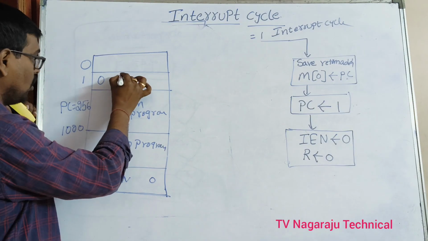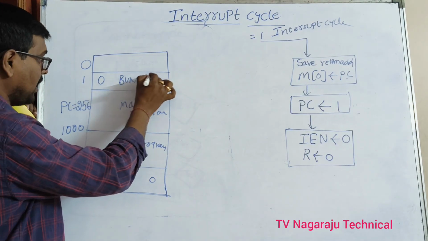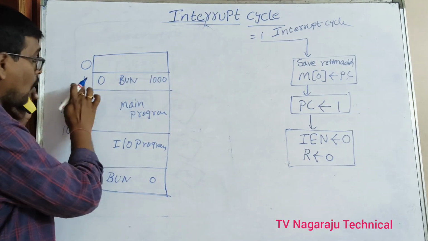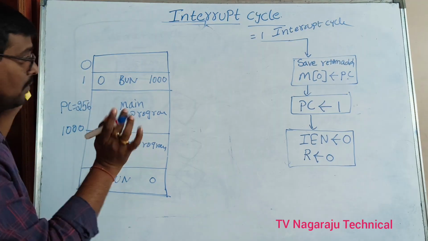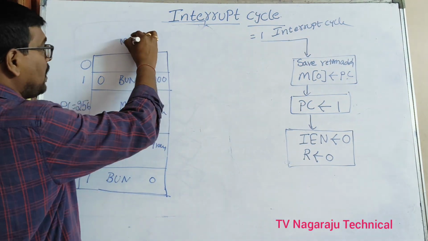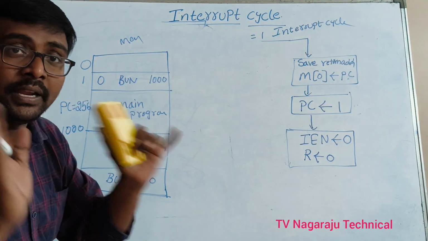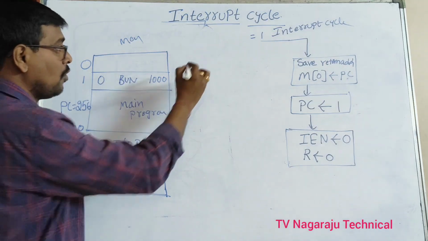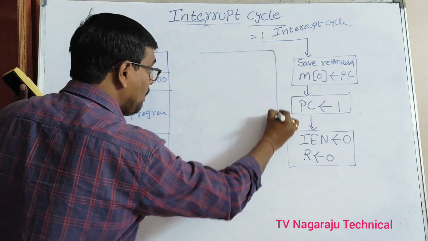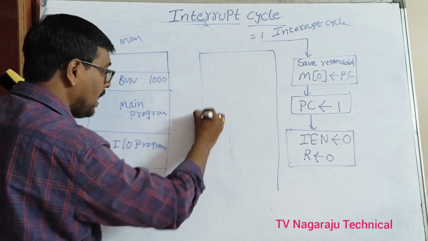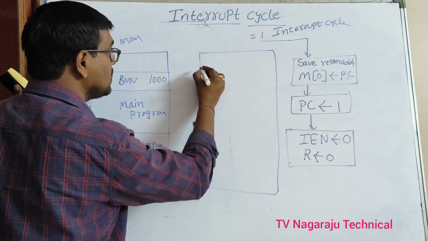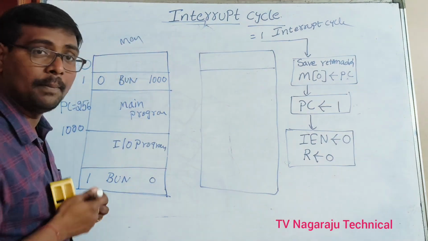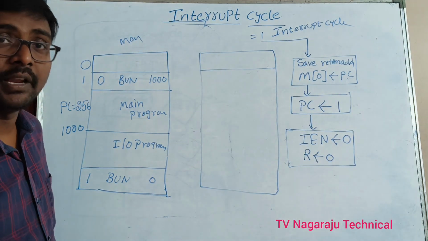Here 0, branch unconditionally 1000. What is the meaning of this? I will show you. This is the memory before the interrupt. Now how is the memory updated after the interrupt? That is our main point.